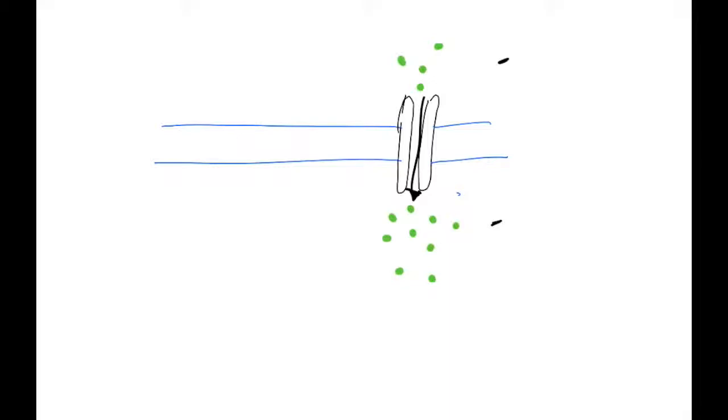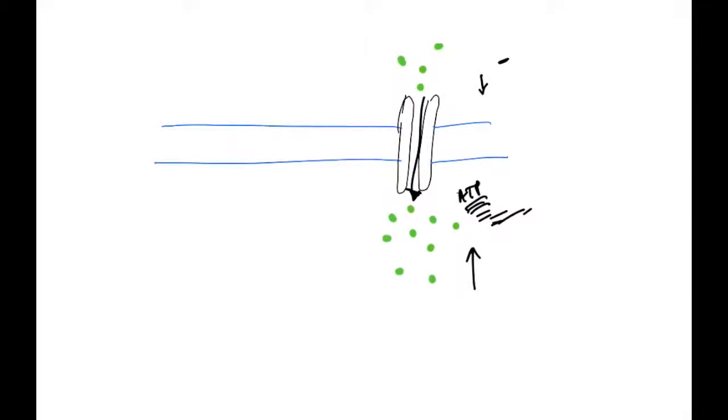Active. Okay, because we're moving against the concentration gradient. This is low, this is high. Because we're forcing molecules to where they wouldn't necessarily go through a random movement, it requires energy. We need ATP, which means it's an active process.